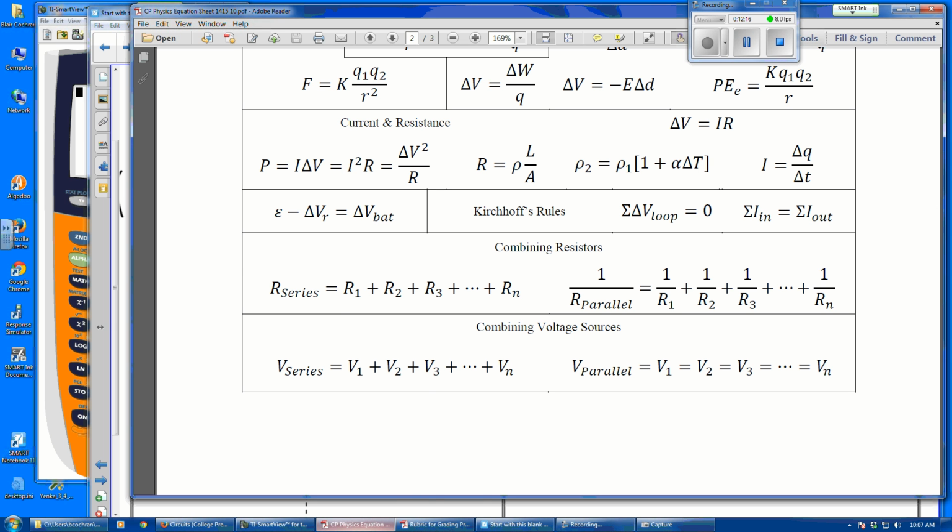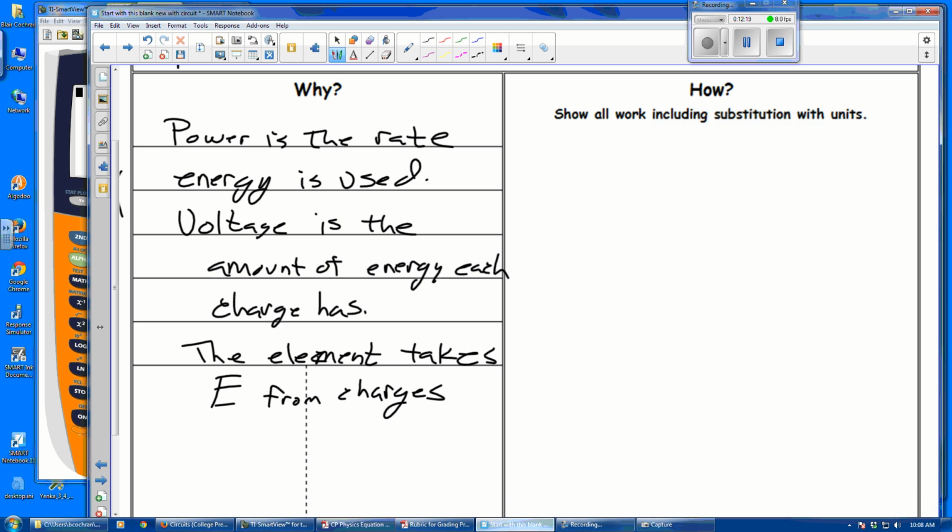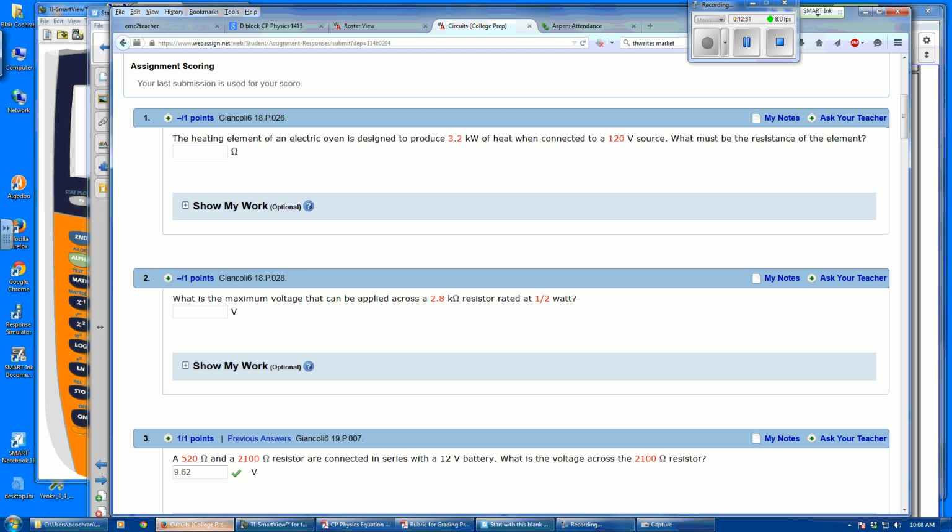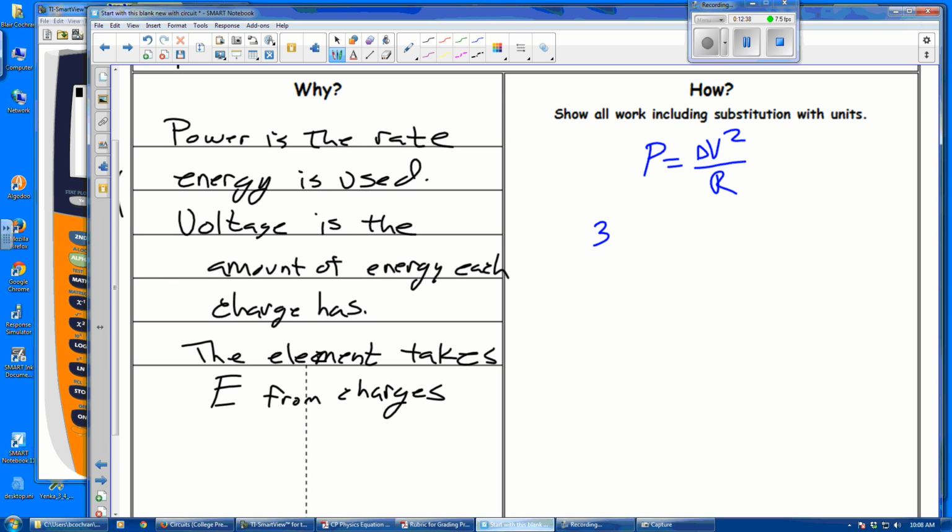I'm going to pick to use that power equals delta V squared over R. I go back here and look at, I have a 3.2 kilowatt heater and 120 volt source. So that's 3.2 times 10 to the third watts equals 120 volts squared over R, solve for R. There you go.